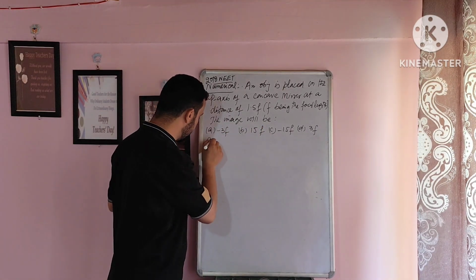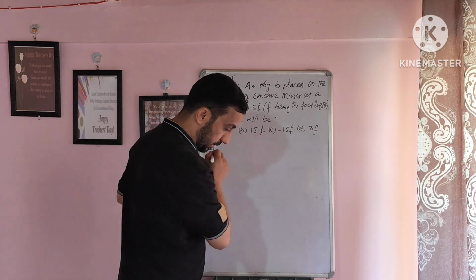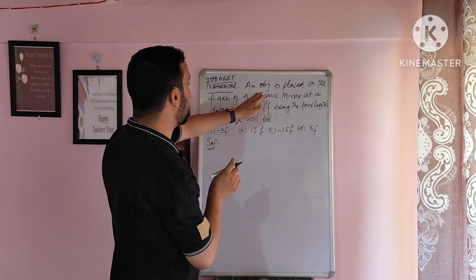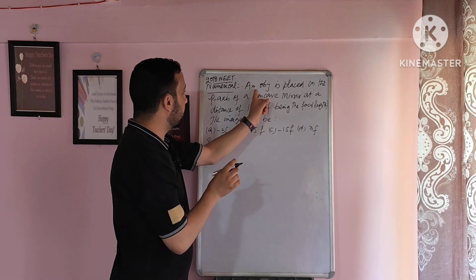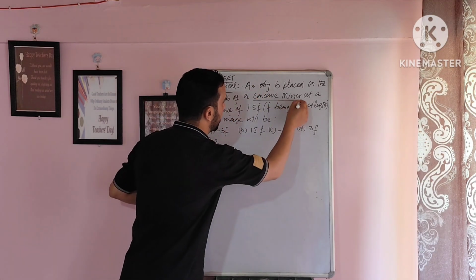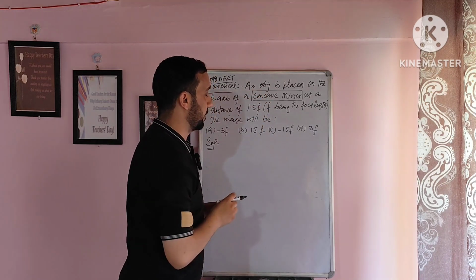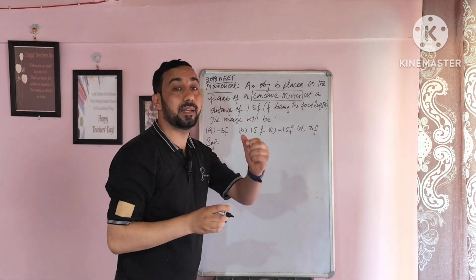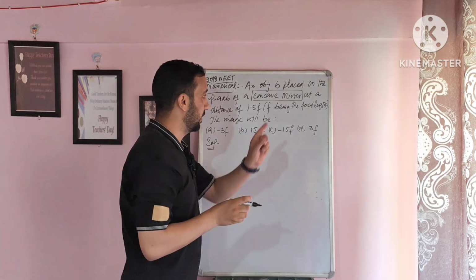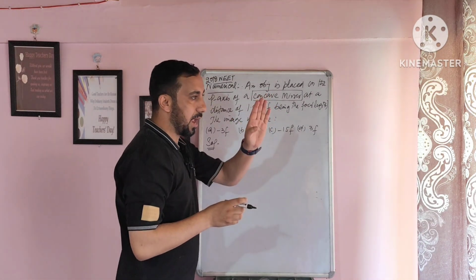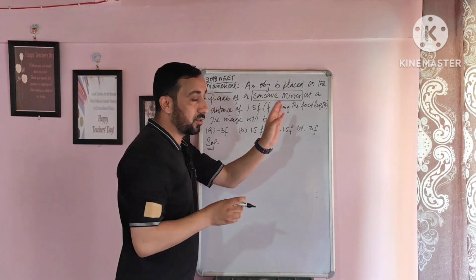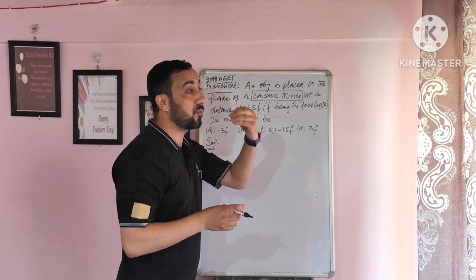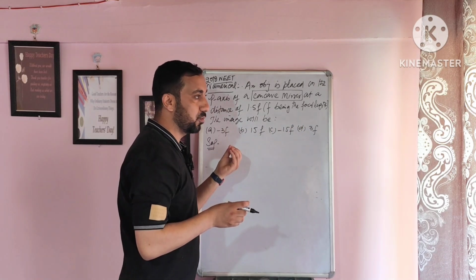Dear students, let's try to solve this numerical. First of all, let's read this numerical once more. We have the numerical, but dear student, this numerical is about the concave mirror. First of all, you have to judge which type of mirror is used in the numerical. Here it is a concave mirror, and whenever you observe it is a concave mirror, you have to keep in your mind that focal length for concave mirror is negative.